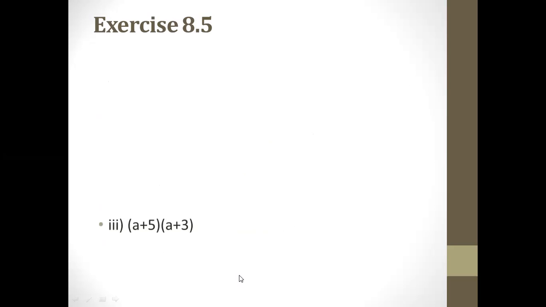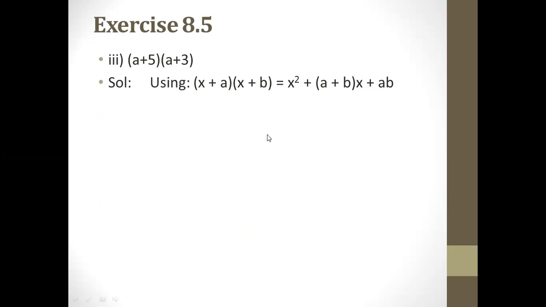Now come to the third part. In the third part, look, here x is not given, here a is given. So what will you do? a into a, square, plus in bracket 5 plus 3 into a, because the variable is a, plus 5 multiply with 3, 5 threes are 15. The same formula we will use.